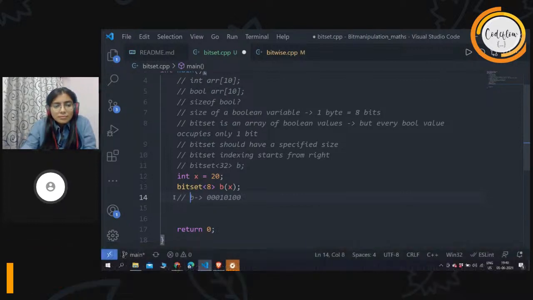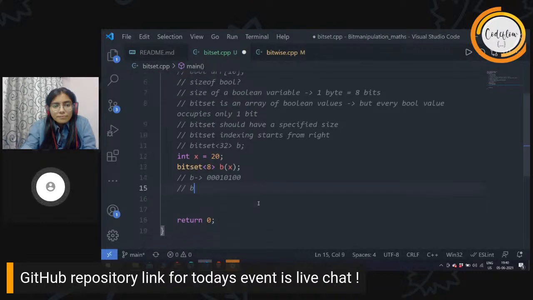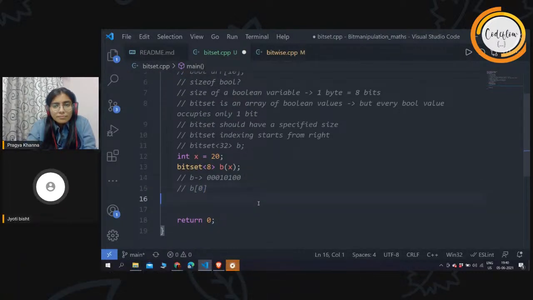So it gets stored in the bitset. Now you have to tell me, how do we access indexing in a bitset? Similarly as you do it in arrays. Tell me what would be b of 0 first.